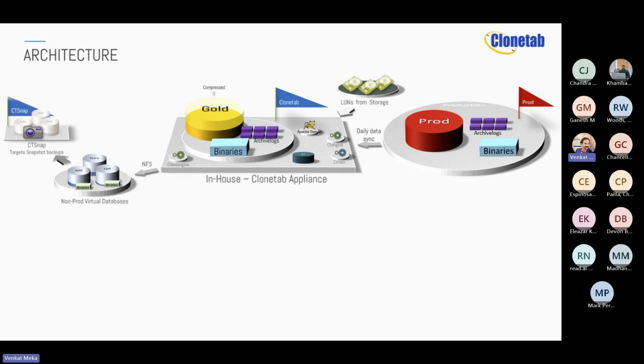Now, assuming you have license for the CT Snap as well, you can take snapshots of your non-prod environments, which you can use for backup purposes. You can also take snapshot and then apply some patches like mega patches and so on from Oracle. Test them.